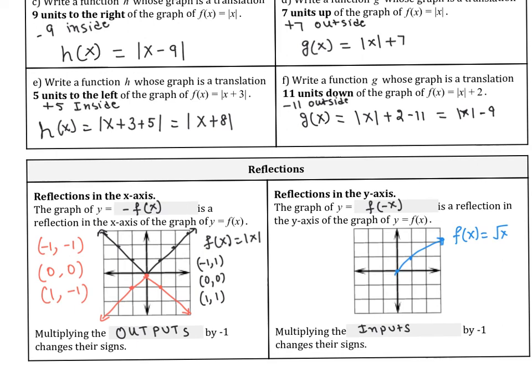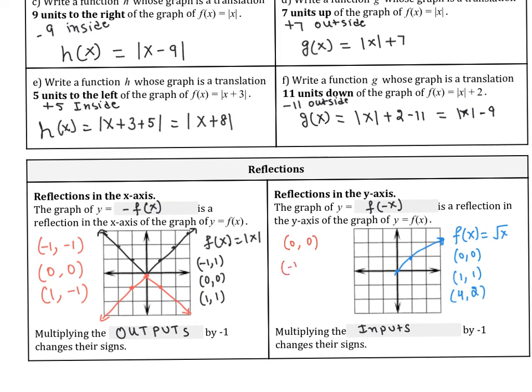Now we are going to get the graph that is a reflection over the y-axis. For this, we are going to multiply all the x values by negative 1. Our original points for this graph are 0, 0; 1, 1; and 4, 2. Now we are going to get the points that are reflected over the y-axis. 0 comma 0, multiply the x coordinate by negative 1, stays the same.